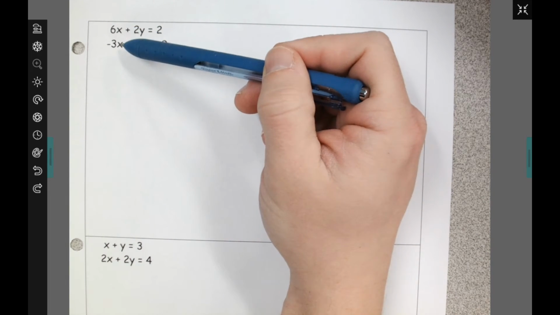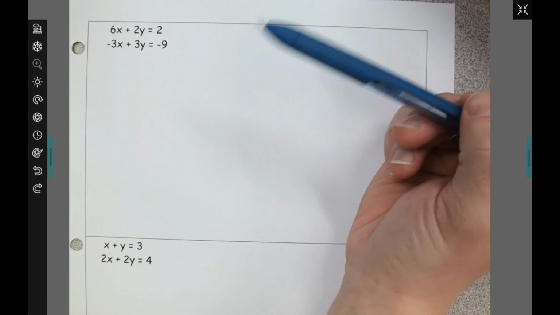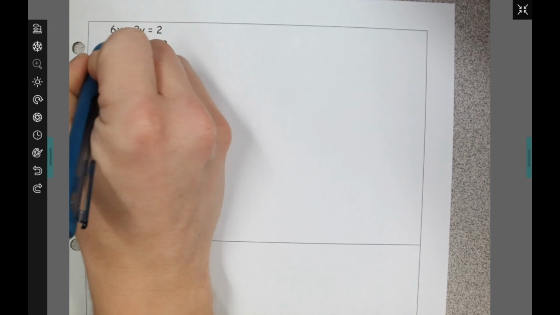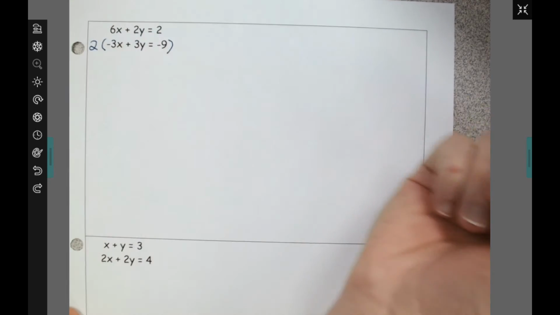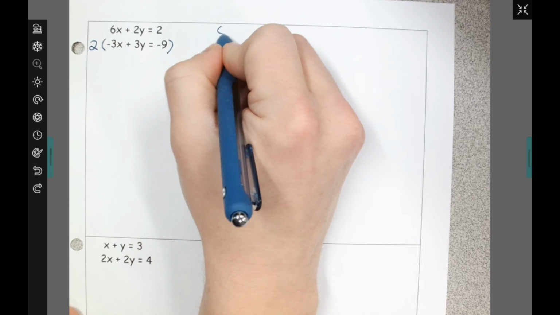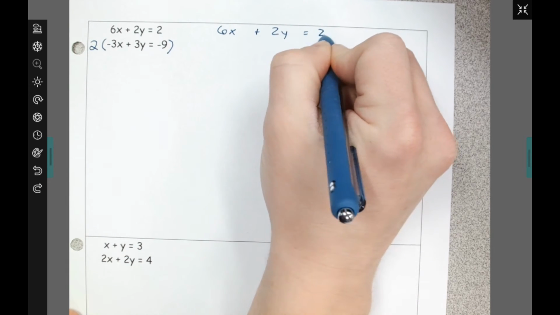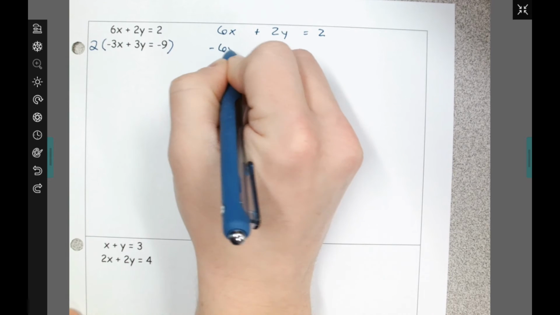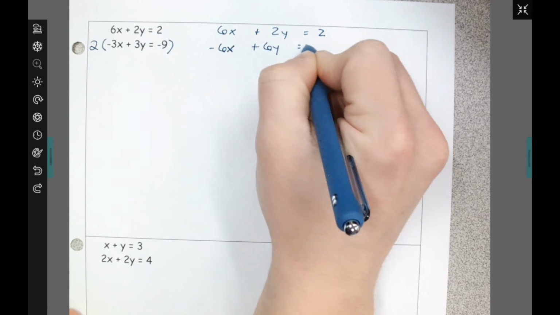You got to figure out, can I get the x's to match up or the y's? The easiest one to get to match up here would be the x's, and that would be by multiplying my bottom one by 2. So top, I didn't do a thing. Bottom, I'm going to get -6x plus 6y equals -18.